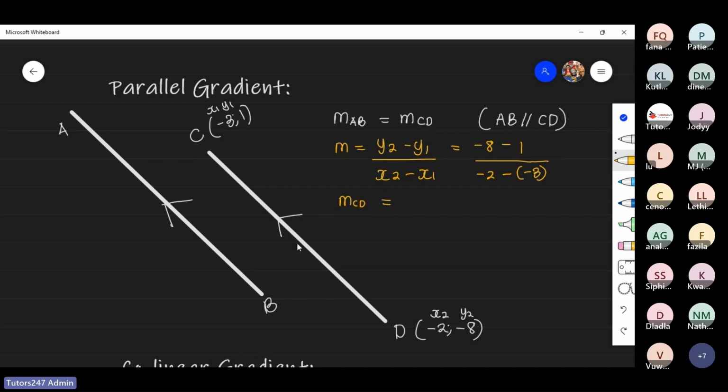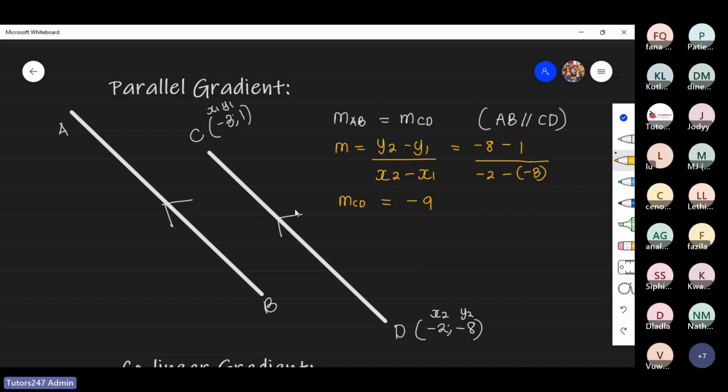So in our numerator position, we have -8 minus 1. In our denominator position, we have, let's say, -2 minus -3, and that gives us -9. So our gradient of the line CD is -9.